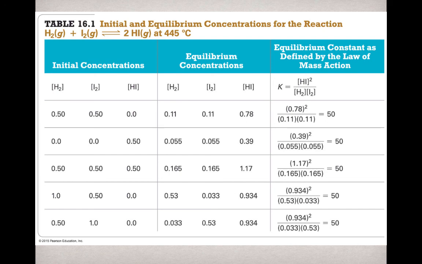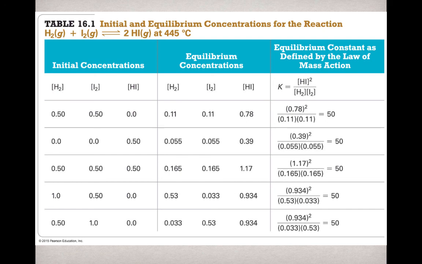It's going to be the concentration of HI squared over the concentration of H2 times the concentration of I2. Notice here we have several different initial concentration situations and different equilibrium concentrations as well. In this first reaction, both H2 and I2 started at half molar. They finished at certain equilibrium concentrations, and what we find is that the ratio of those, when plugged into the equilibrium expression, gives an equilibrium constant of 50.